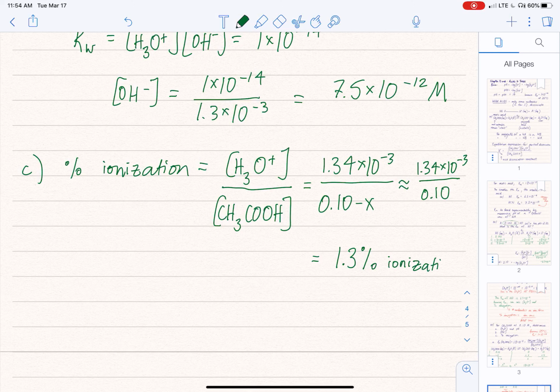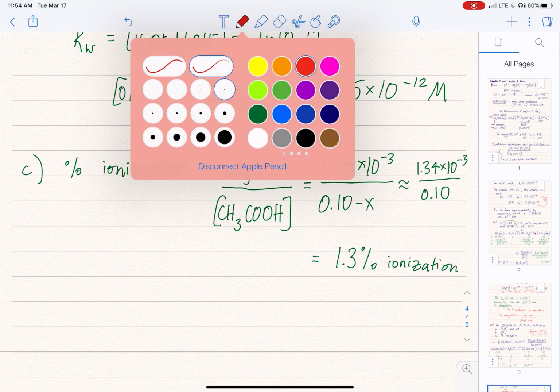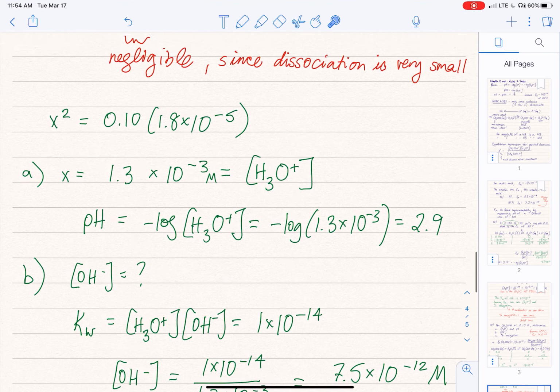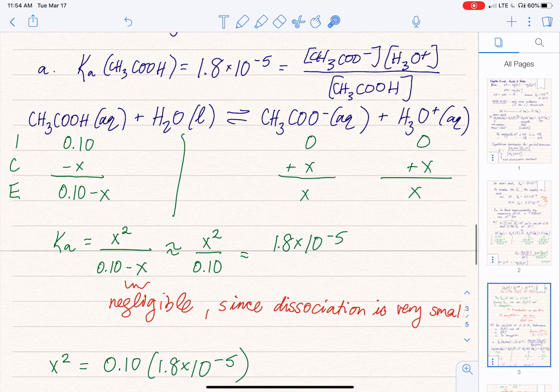And I want to take a step back for a moment and just emphasize what that means. So you see this number? 1.3% ionization. That is crazy, because that means that if we're looking at this equation for acetic acid dissociating, 99% of the molecules are staying intact. Only 1% of them are breaking apart into the acetate and hydronium.